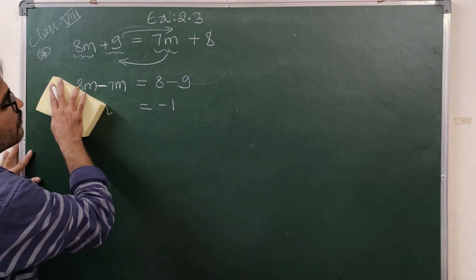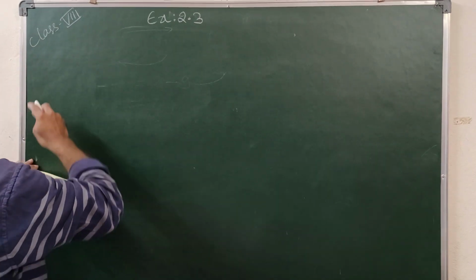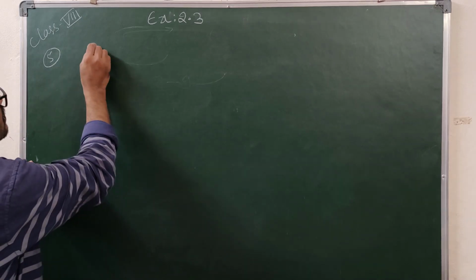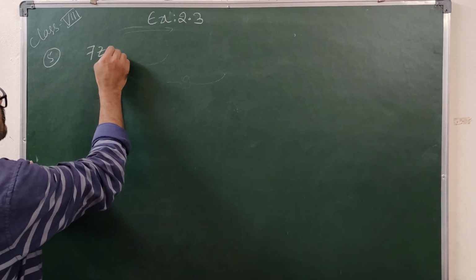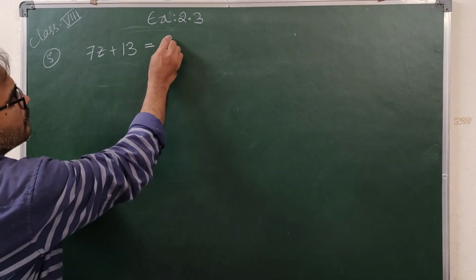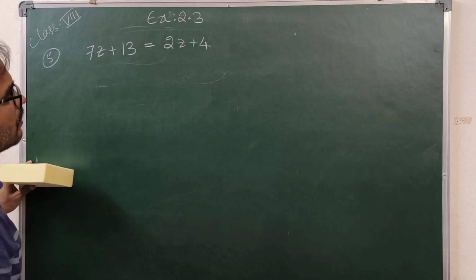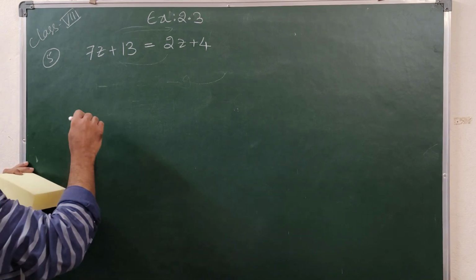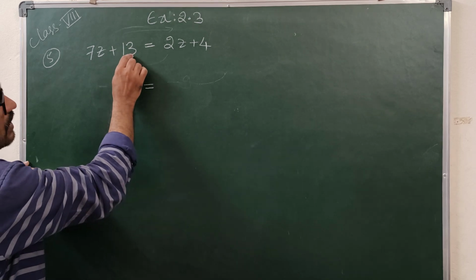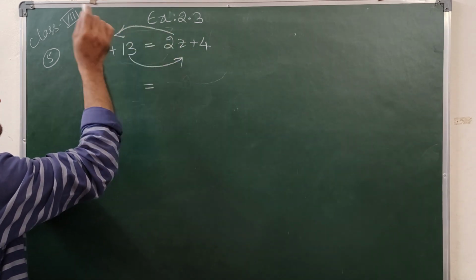Next one, 5th one. 7z plus 13 equals 2z plus 4, right? Now, it is also very simple. Write equals under equals. So 13 to the right side, 2z to the left side.